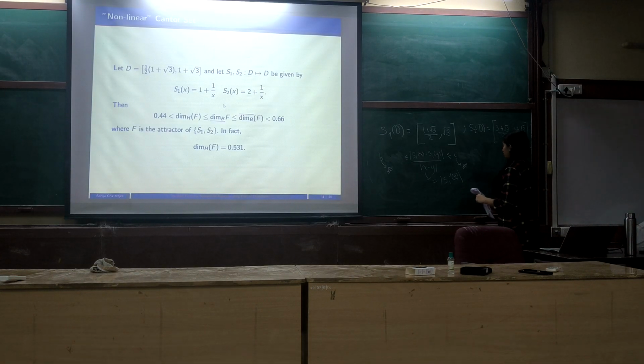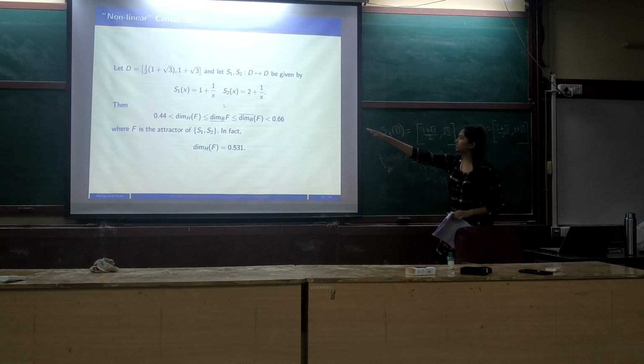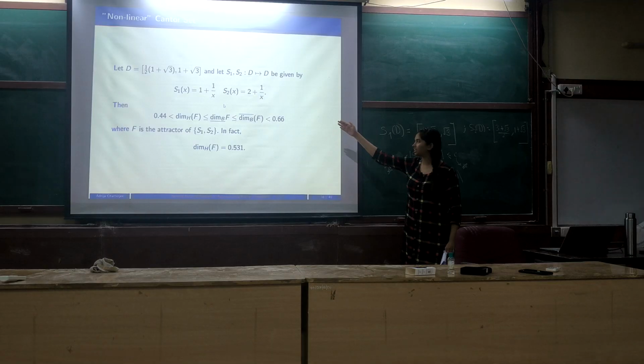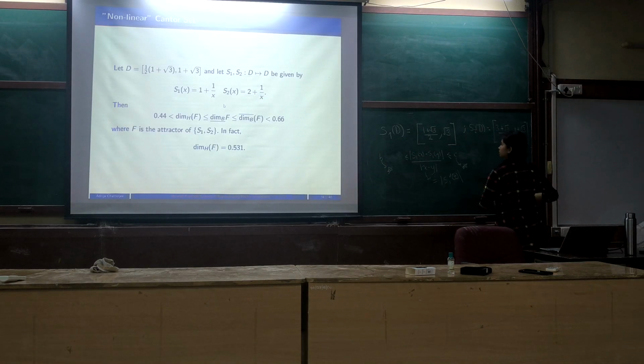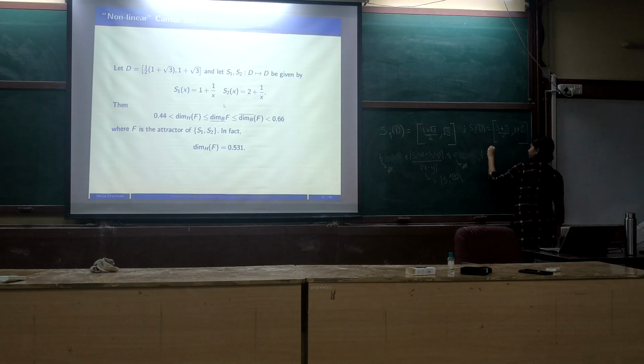So what is your S1 dash of z? Actually since it's just constants, your S1 dash of z and S2 dash of z are basically equal, and it is equal to minus 1 by z square because it's 1 plus 1 by x and 2 plus 1 by x. So mod of Si dash of z, because it's the same for 1 and 2, is equal to 1 by z square.